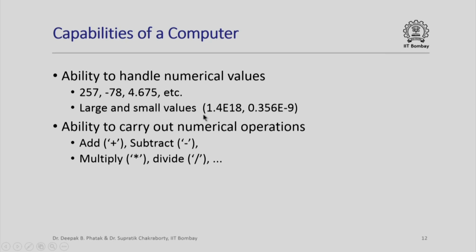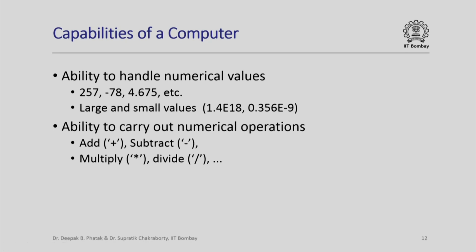Most of you should be able to decipher what this symbolism means. 1.4 E18 actually means a value 1.4 multiplied by 10 to the power 18. Similarly, this value means 0.356 multiplied by 10 to the power minus 9. Observe that this value is very small, this value is very large, but a computer is capable of dealing with such very large and very small values, subject of course to a limited precision, as we shall see later.